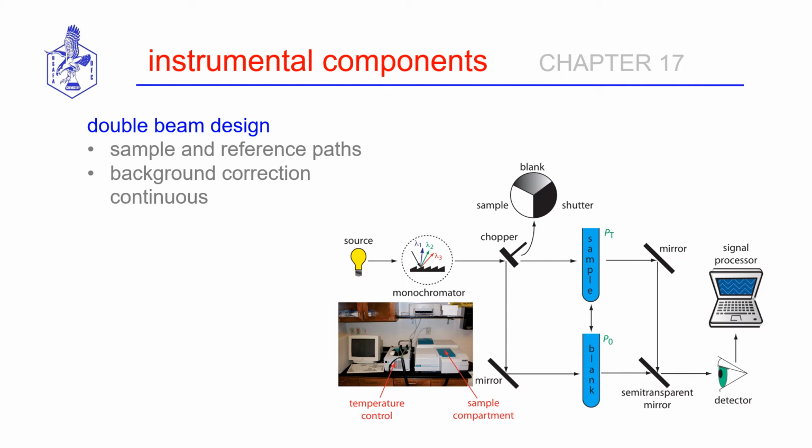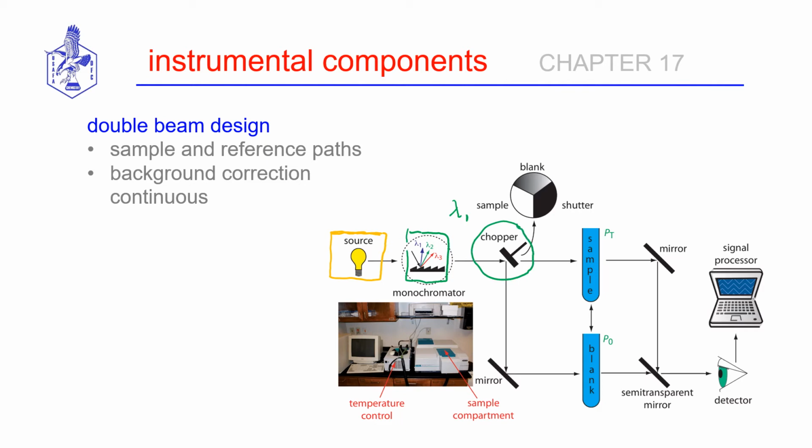So in this design, as in the previous case, we have a source lamp that's going to emit a broad range of wavelengths typically. We need wavelength selection, and that's going to be our monochromator, such that it's only going to let a particular wavelength come through as a function of time. To create the two different optical paths, we have what we call a chopper.